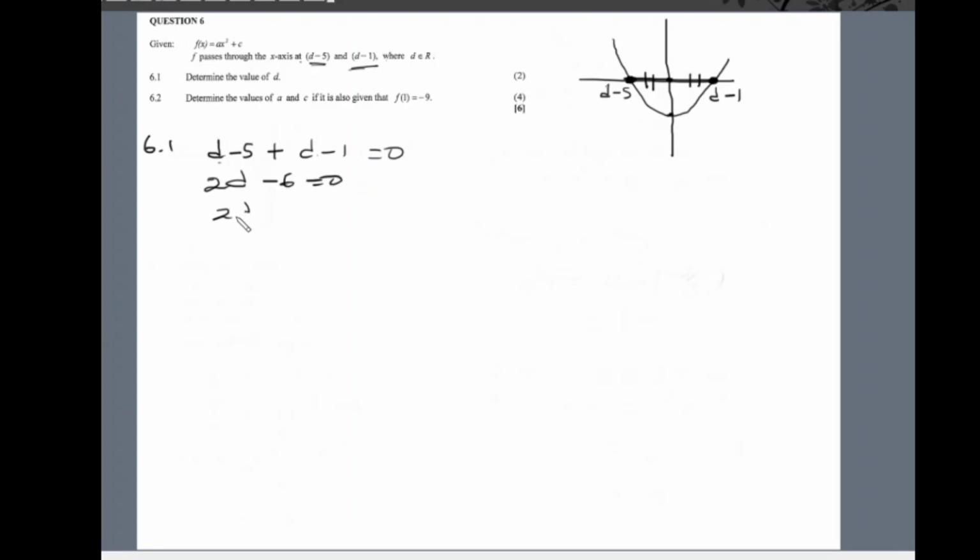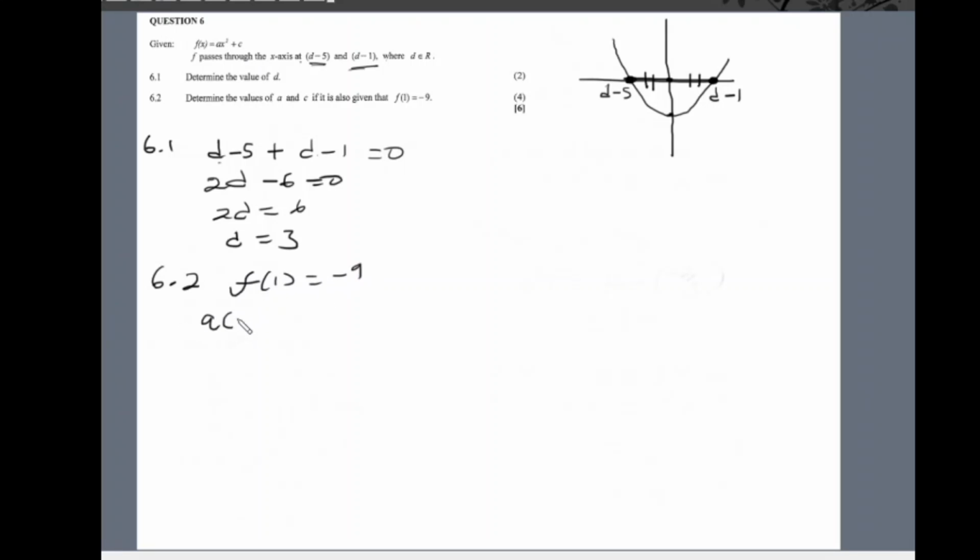So we'll have 2d equals 6, and d equals 3. So that is our value of d. And then for 6.2, they want us to determine the values of a and c, if it is given that f of 1 is equal to minus 9. Wherever I see x in my equation, I just put 1.